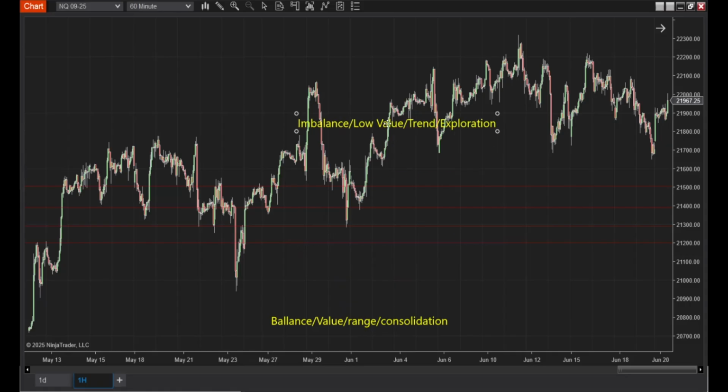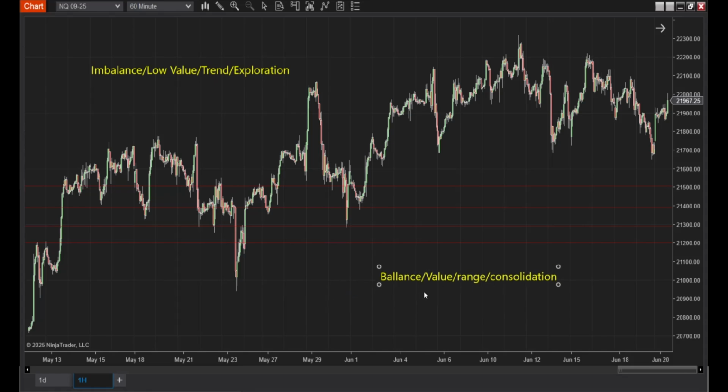So that's why I have here imbalance, low value, trend, exploration, and then you have your balance, value, range, and consolidation. They all typically mean the same thing. Depending on if you're utilizing volume profiles, you'd be looking at low volume nodes and high volume nodes, balance to imbalance.